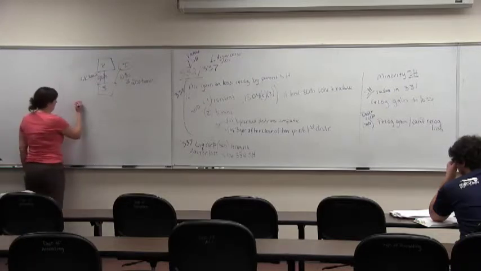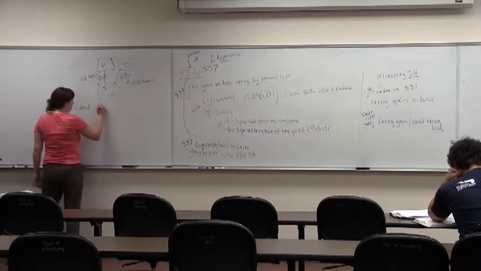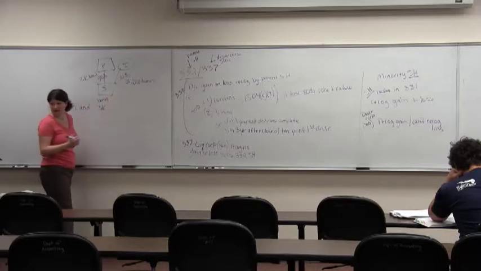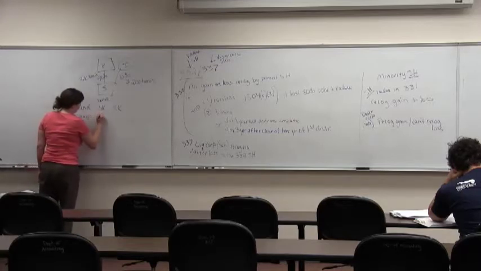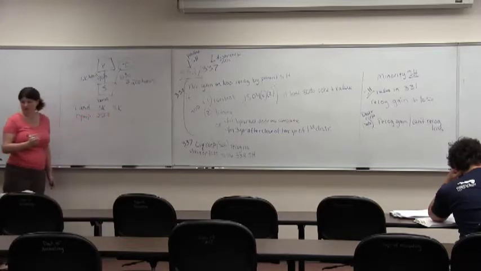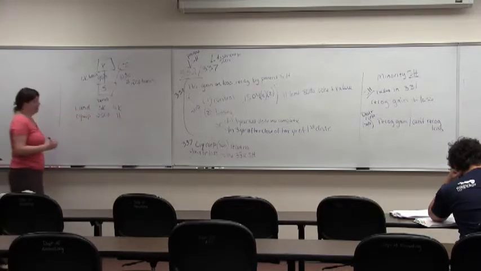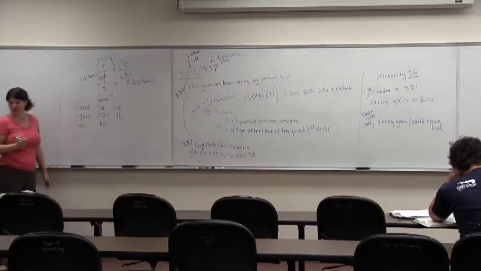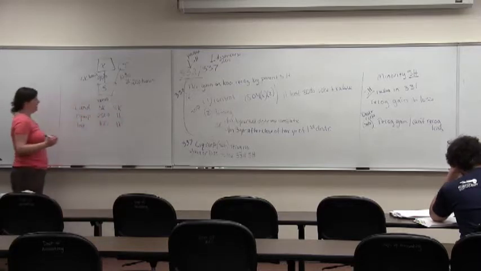We have land, which has a $3K basis and an $8K fair market value. We have equipment, which has a $2,500 basis and a $1K fair market value. We have inventory, which has a $100 basis and a $1,000 fair market value.